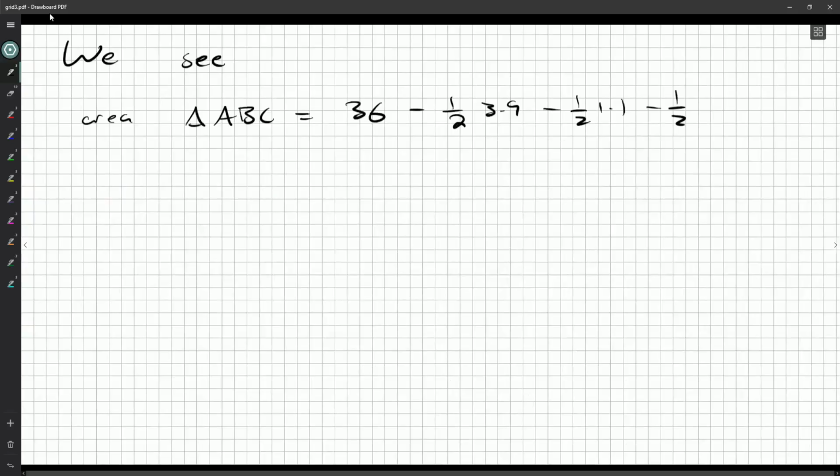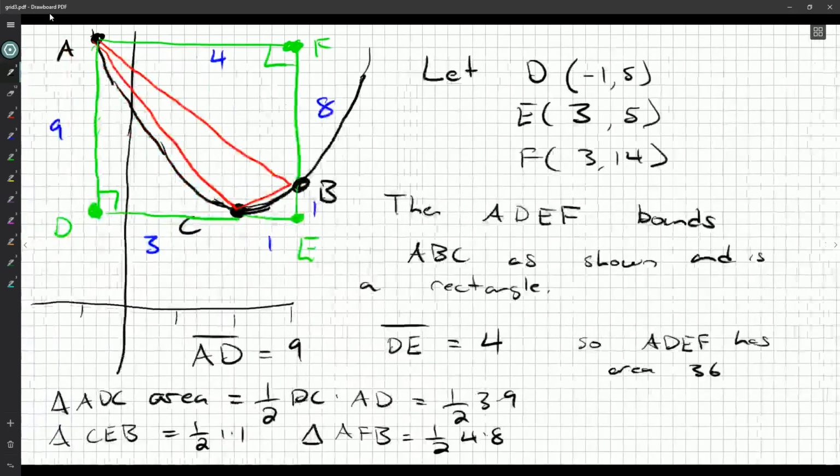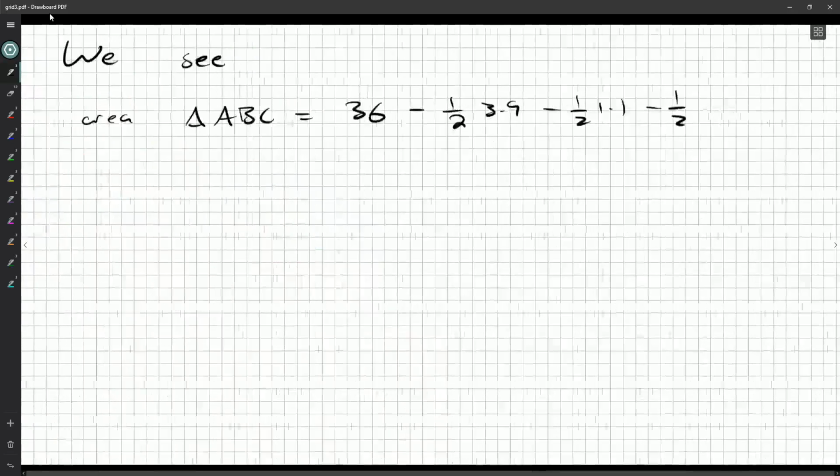So we can see the area of triangle ABC is 36 minus 1/2, 3 times 9, minus 1/2, 1 times 1, minus 1/2, what was the other one? 4 and 8.